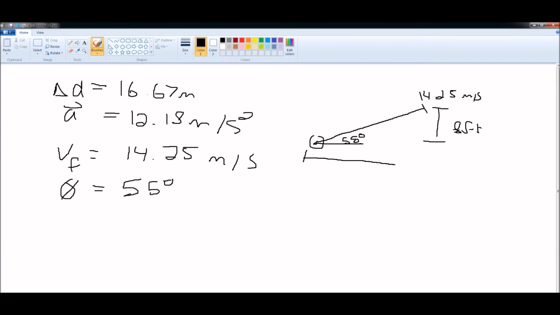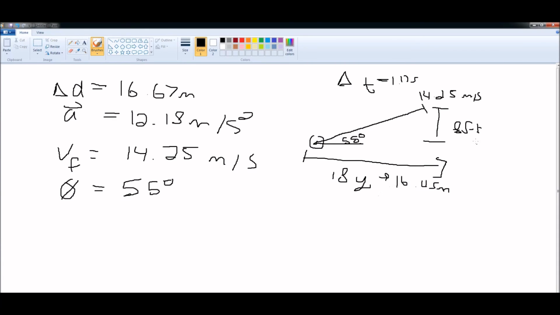And the total x distance traveled would be 18 yards, which is 16.45 meters. And this was all in a time frame of only 1.17 seconds.